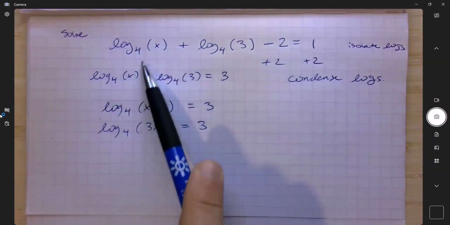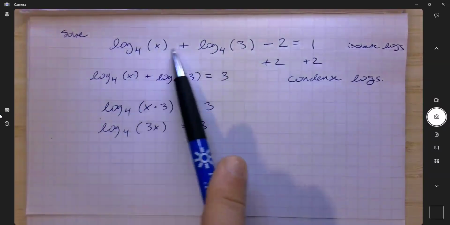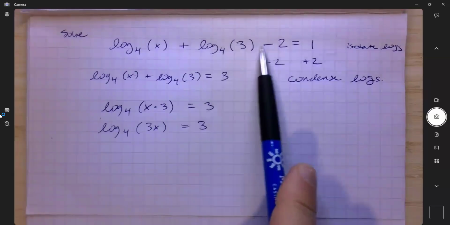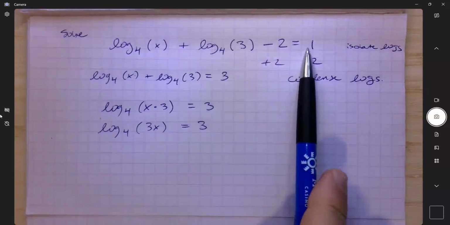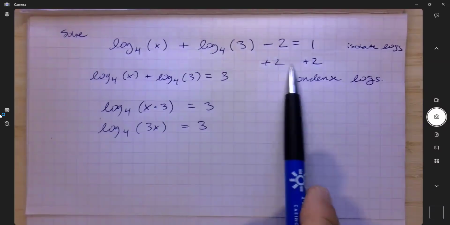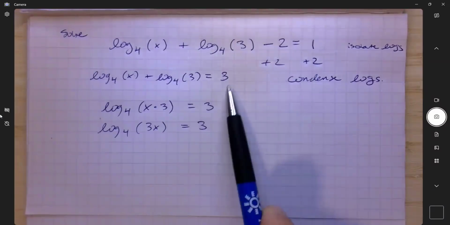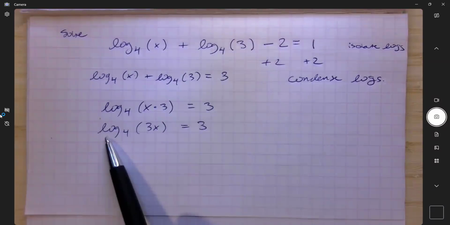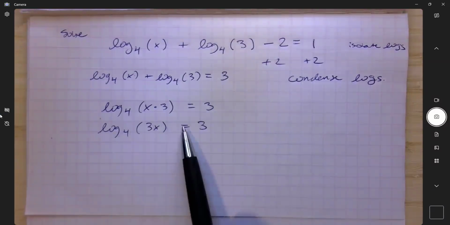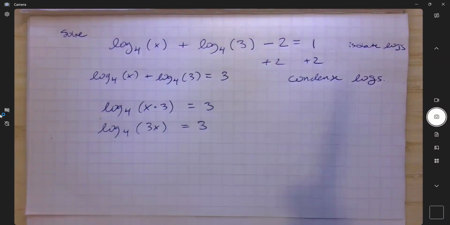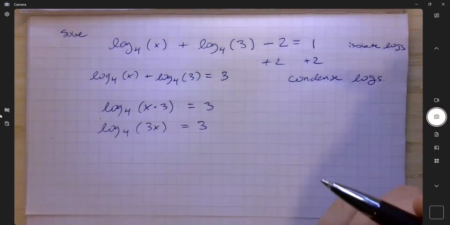So my original equation, log base 4 of x plus log base 4 of 3 minus 2 equals 1, doing some arithmetic and then using some rules of logs, it's the same equation as log base 4 of 3x equals 3.